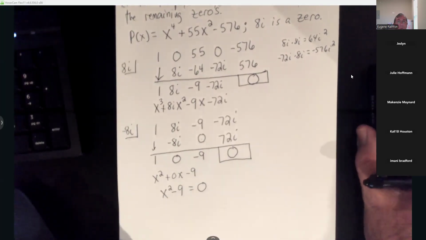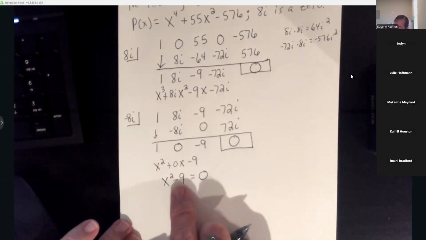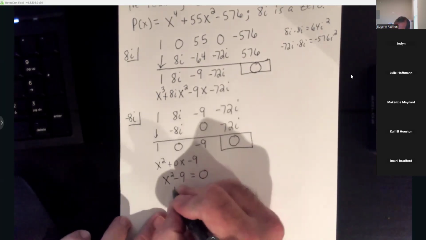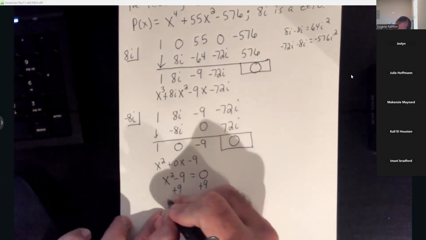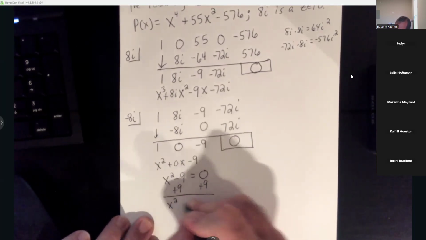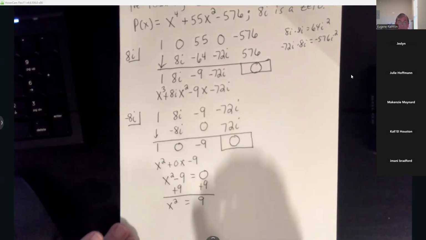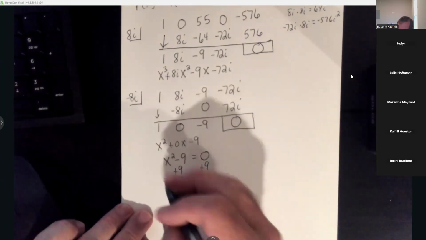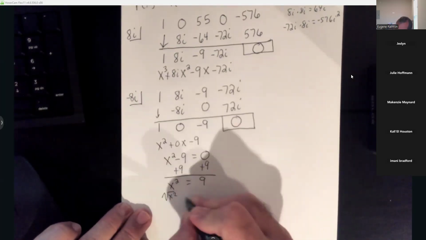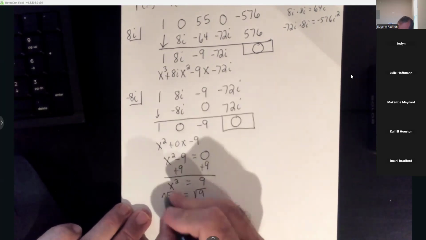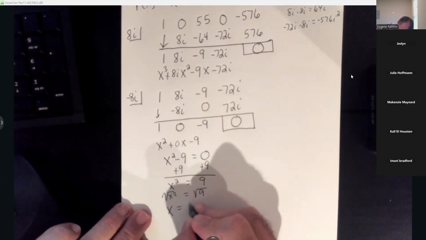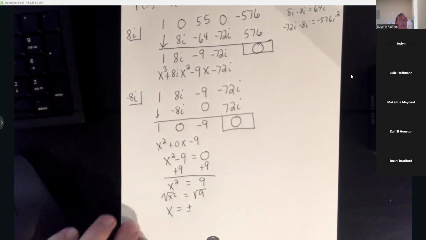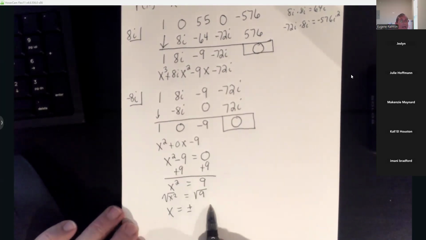And y'all, what are we going to do? We're going to solve this by square roots. So I'm going to add 9. I get x squared equals a positive 9. And then let's do square roots to both sides. All right, so that's going to give you x equals a plus or minus. And y'all, square root of 9 would give me what?